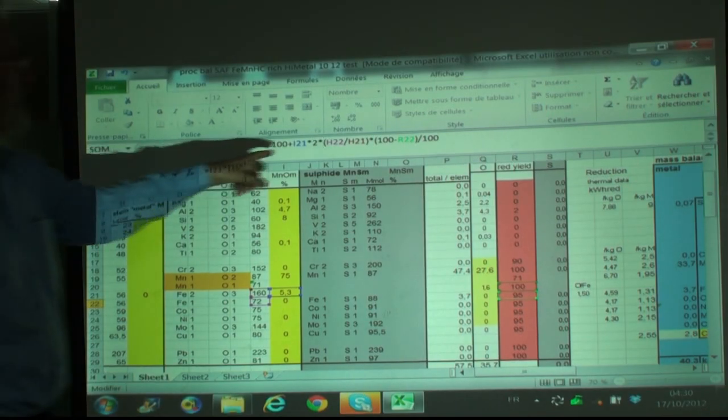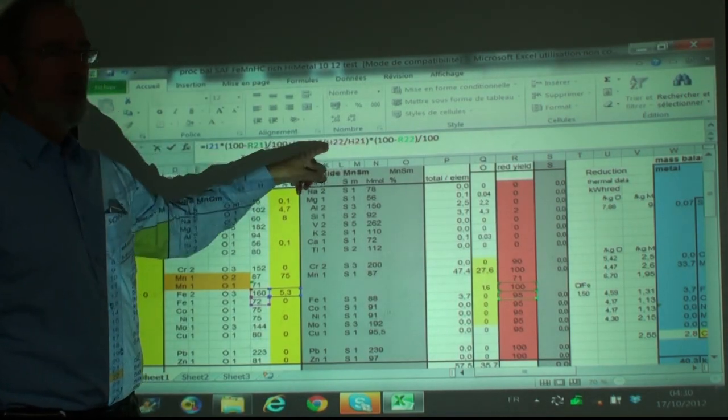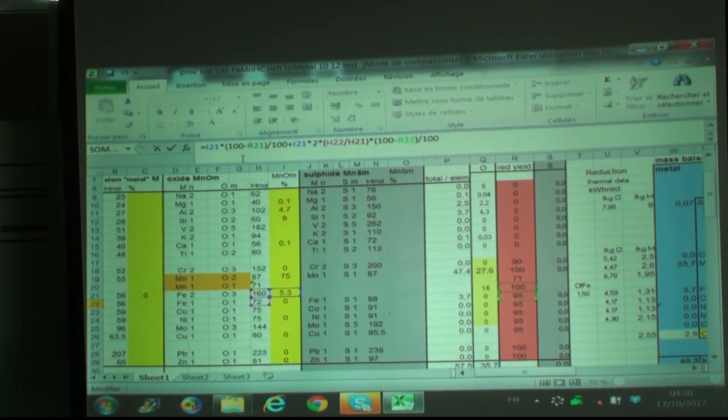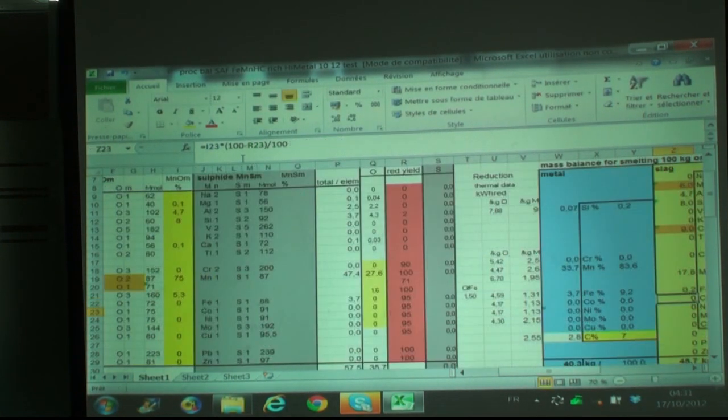And therefore, I have to correct by the molar mass, but put a factor 2 here. And you see, now we have something. It's very small, but it was surprising to me that we had 0.